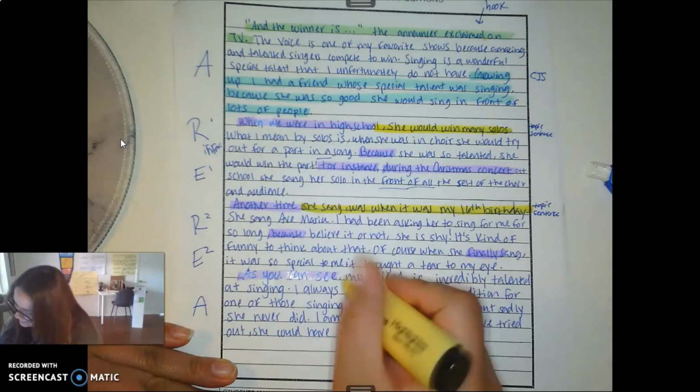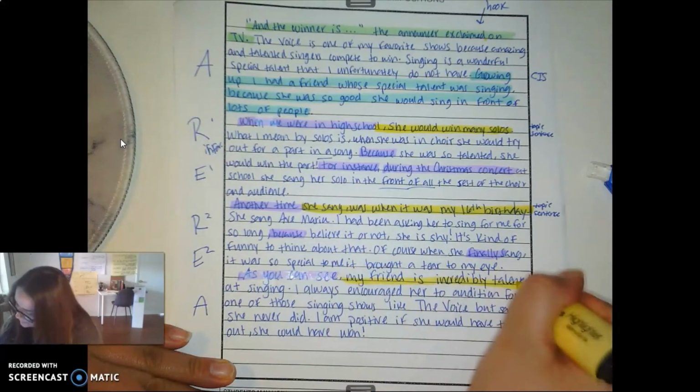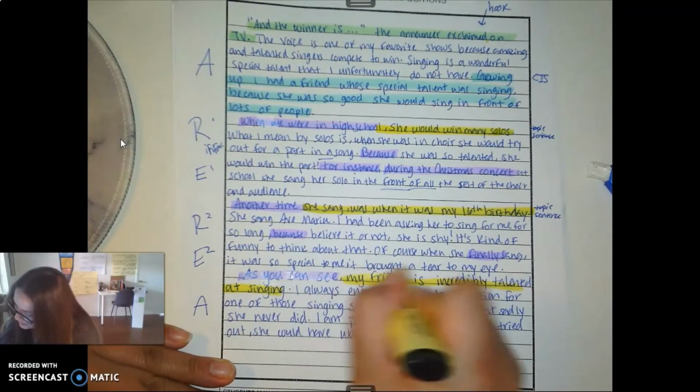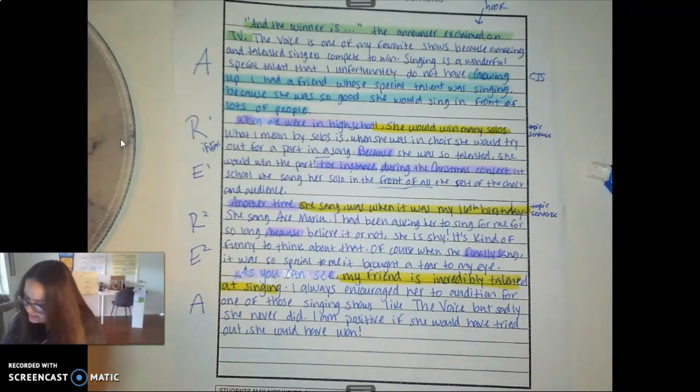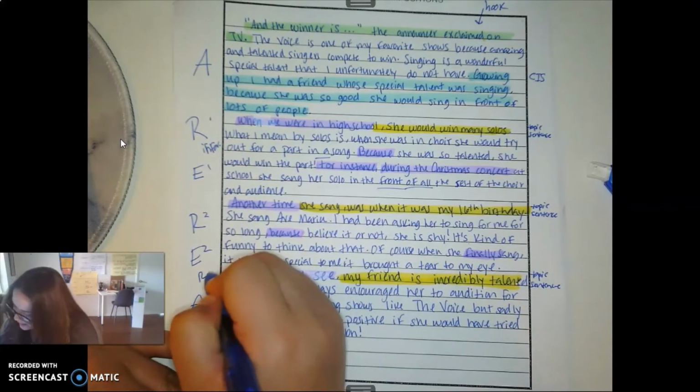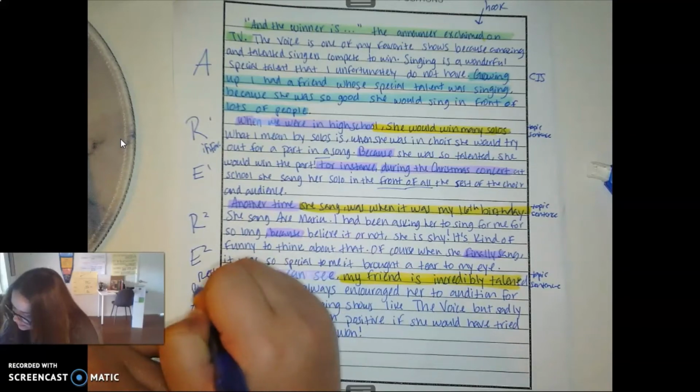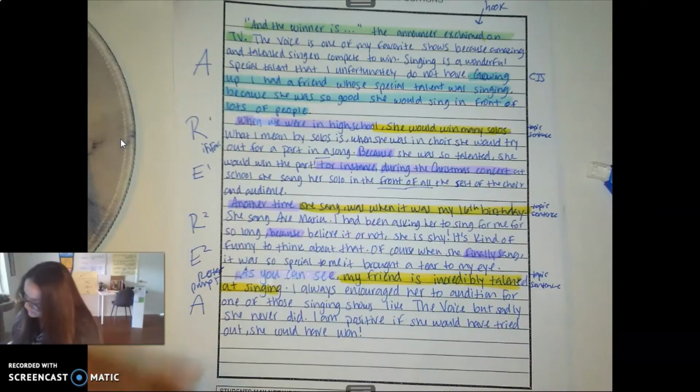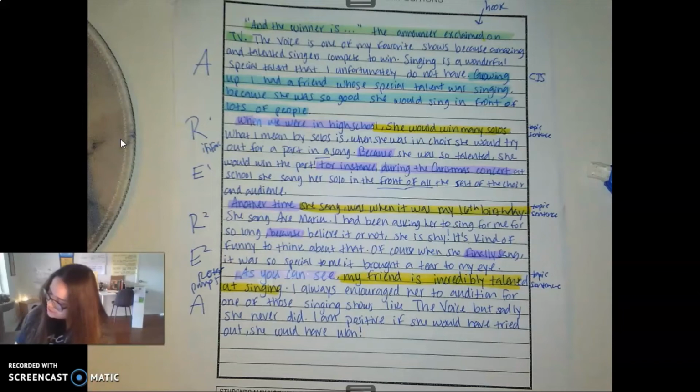There is my restating the prompt. Also, this is my topic sentence. So I'm going to label it topic sentence. And on this side, I'm going to put restate prompt.